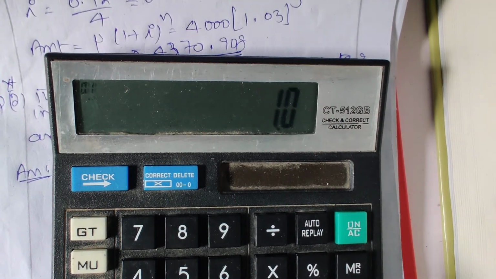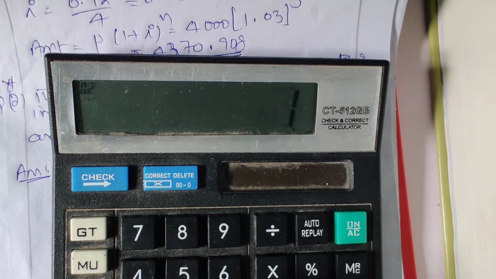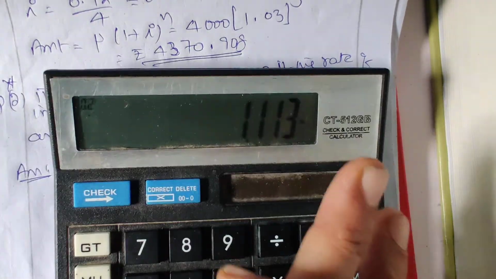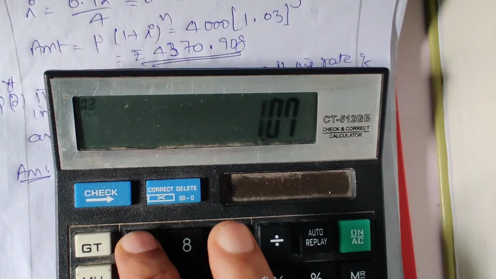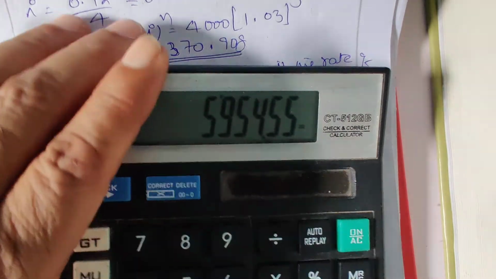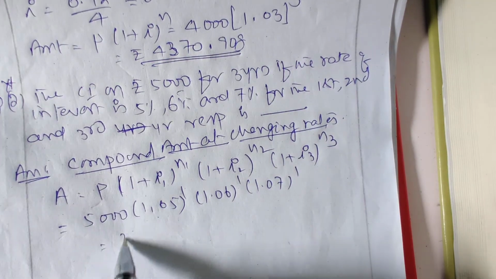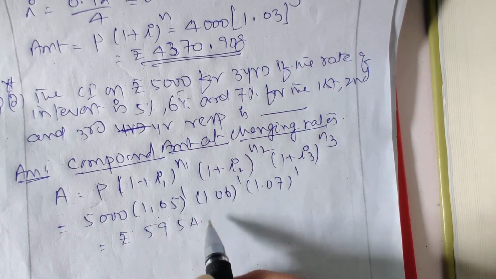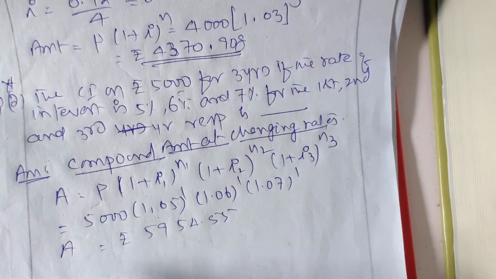This is 1.05 into 1.06 into 1.07, multiplied with 5000, is equal to rupees 5954.55. This is the amount, sir.